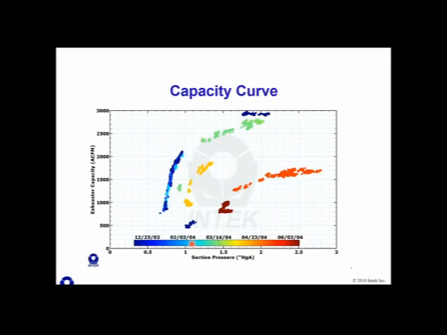It determines the vapor pressure in the pump cavity. If it's too warm, you won't pump anything. That's a separate topic that I'm not going to talk about today, but keeping that seal water temperature low affects the capacity.